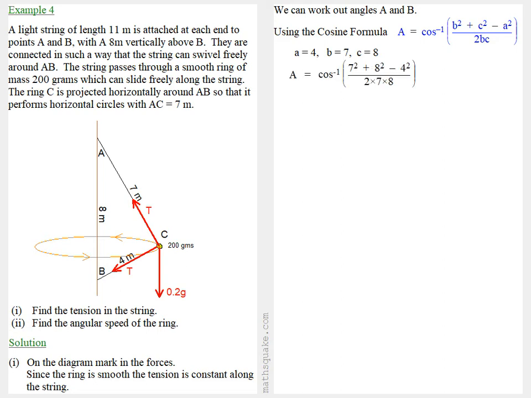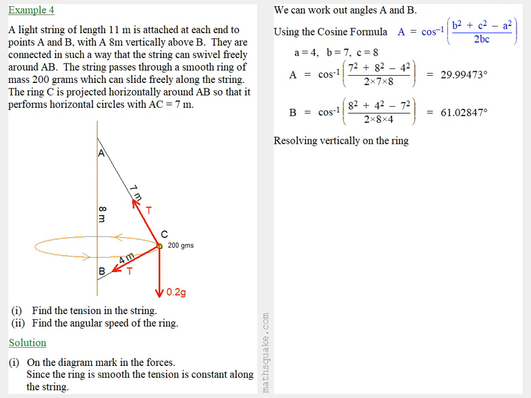So that gives us A is equal to the inverse cosine of 7 squared plus 8 squared minus 4 squared over 2 times 7 times 8, and that works out as 29.99473 degrees. And similarly, B works out as the inverse cosine of 8 squared plus 4 squared minus 7 squared all over 2 times 8 times 4, which equals 61.02847 degrees.